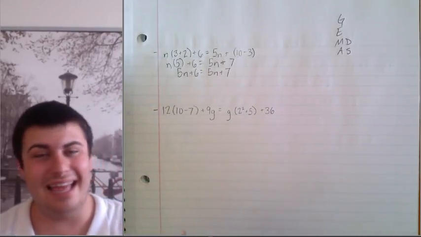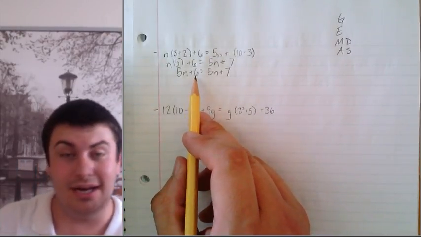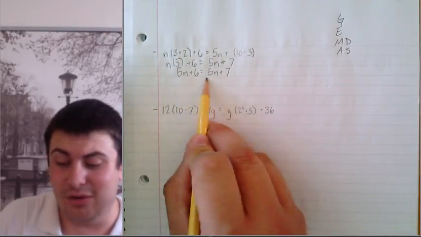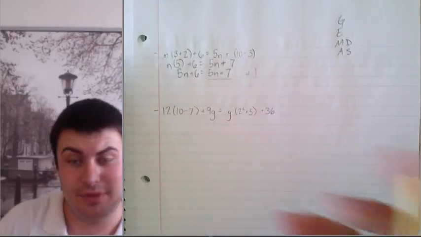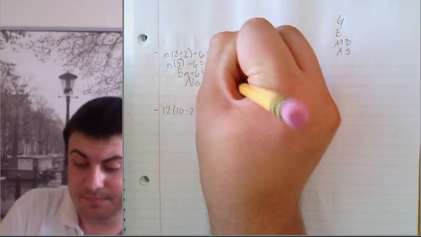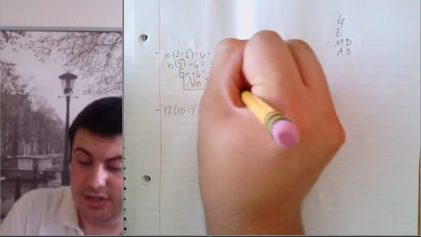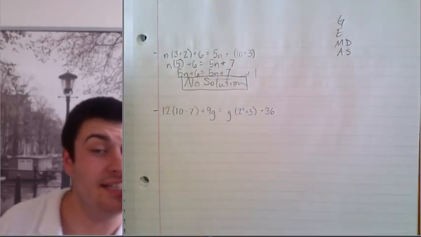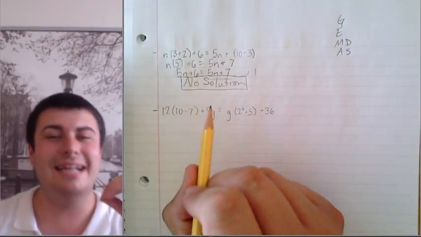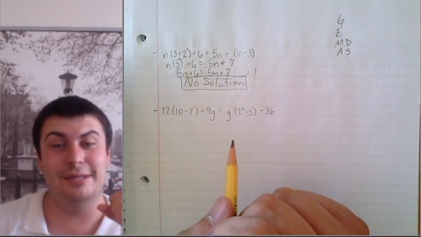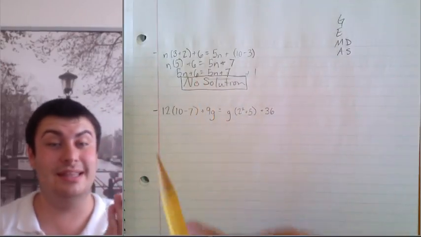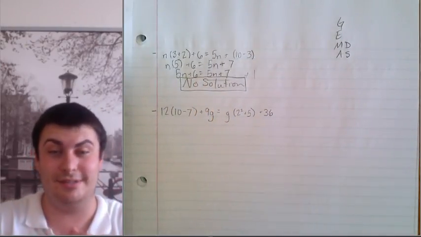We can't take any value and plug it in because we start with 5n, but this side is always going to have one more. So our answer would be that there is no solution. There is no solution because this side is always going to have one more. There is no constant value for n that we can plug in that would give us a true equation where one thing truly equals another.